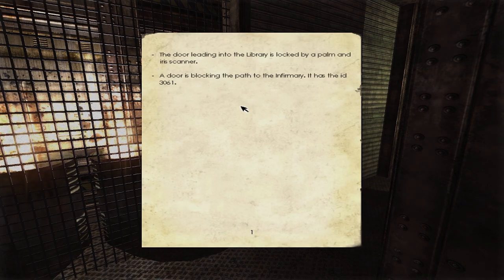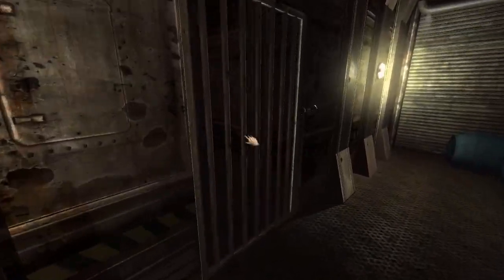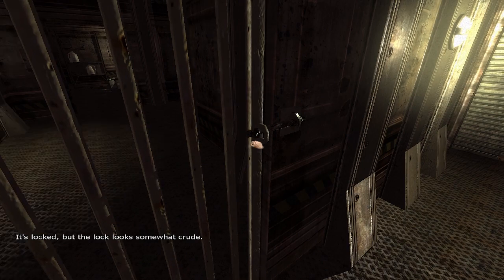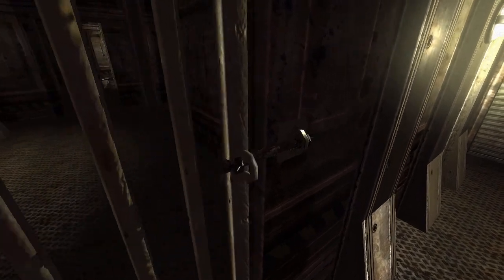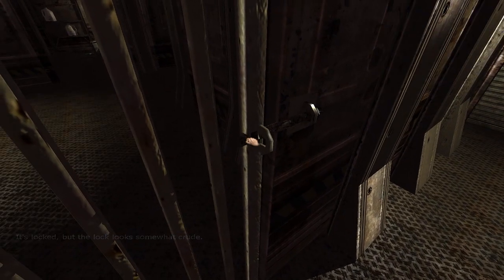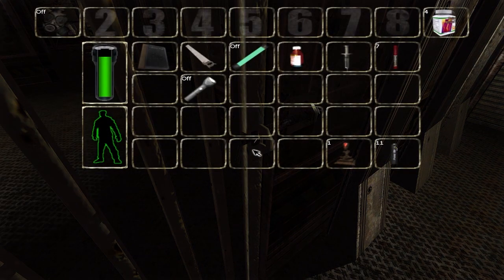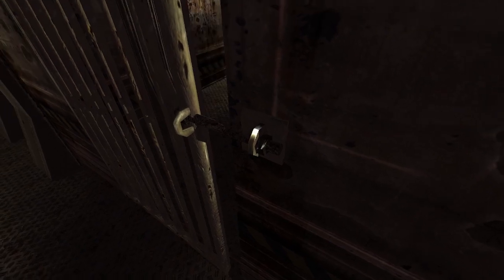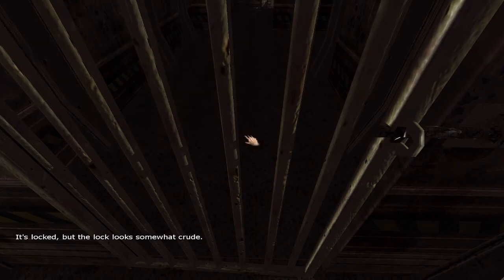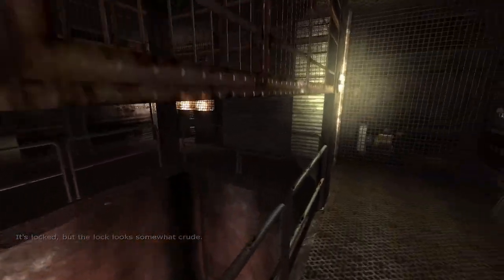Okay, palm and iris scan. We still need the palm too, which we might find. Oh, do I just need like a channel locks or a thing like that? That's what it feels like I gotta have. Yeah, that's all I gotta have.